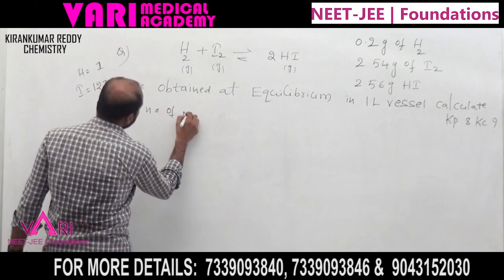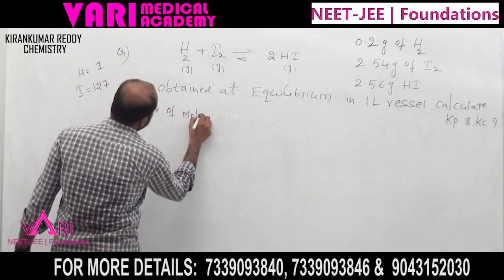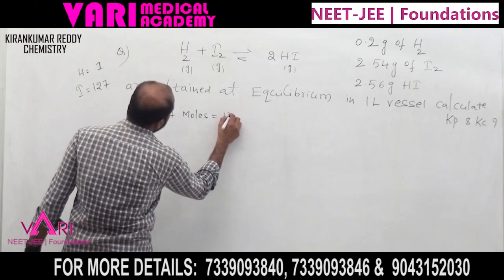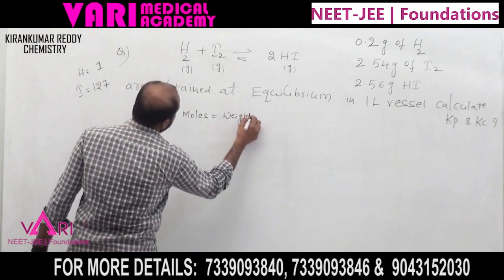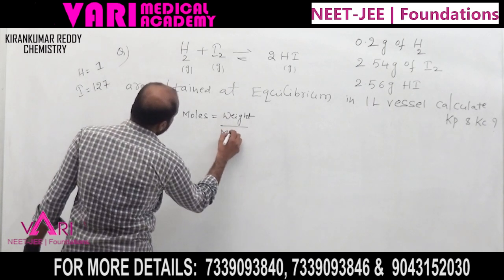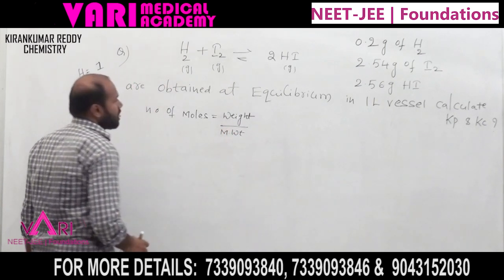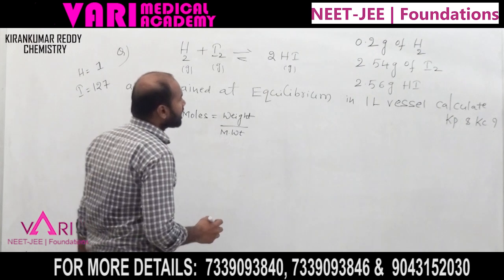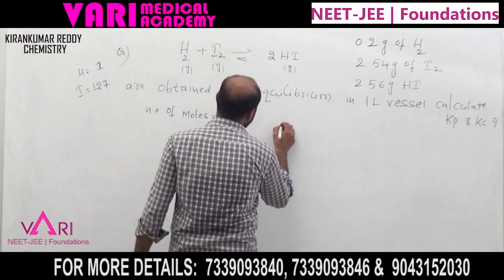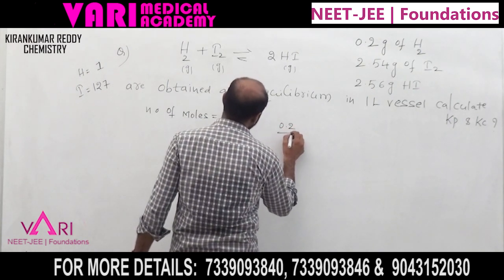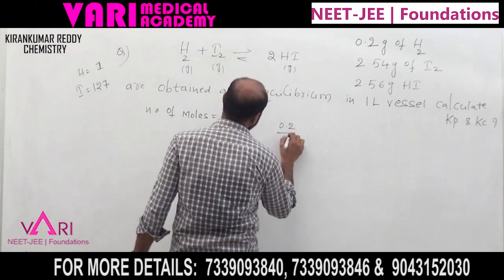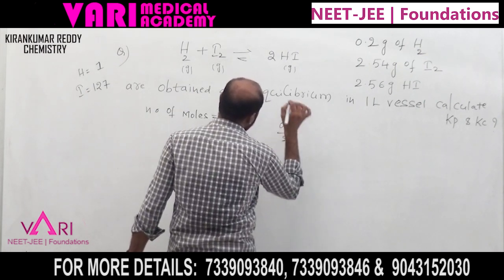Okay, now what we have to write first is the number of moles formula. You know, number of moles is equal to weight by molecular weight, mass by molecular weight, remember. Now calculate the number of moles: 0.2 grams of hydrogen by 2, that is 0.1.